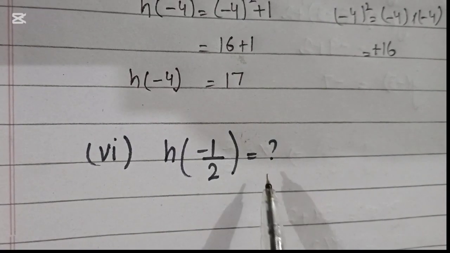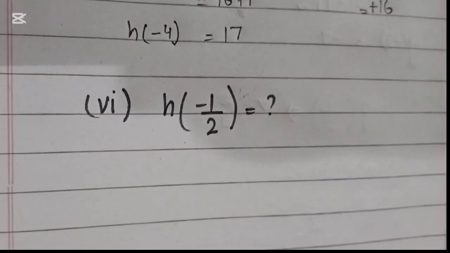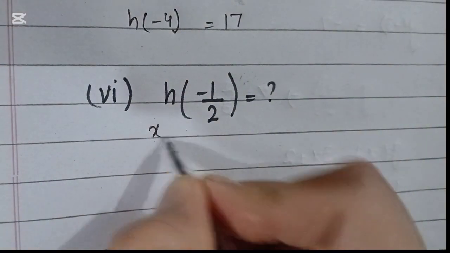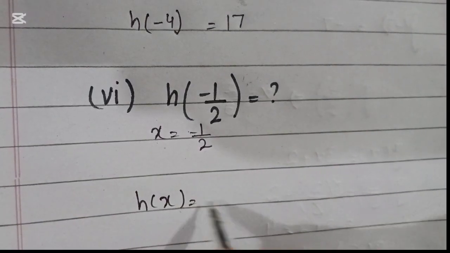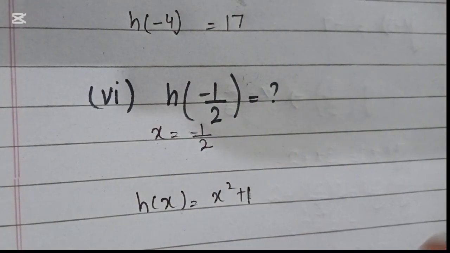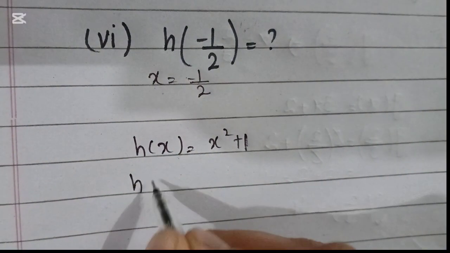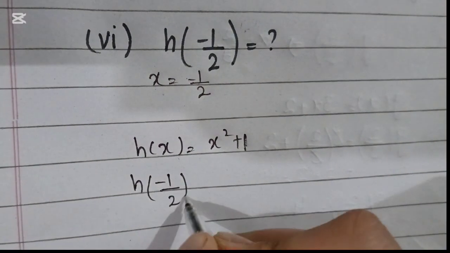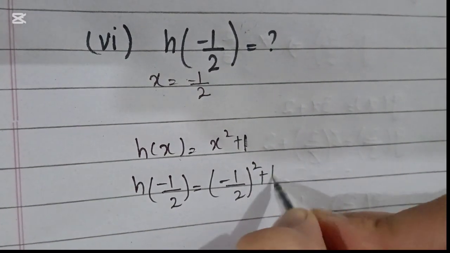In the last part of this question, we have to calculate h(minus 1/2). It means that now we are going to substitute the value x = minus 1/2 into the function h(x) = x² + 1. दोनों values हमें question statement में given है. Now put the value x = minus 1/2 rather than x inside the bracket. (minus 1/2) square plus 1.